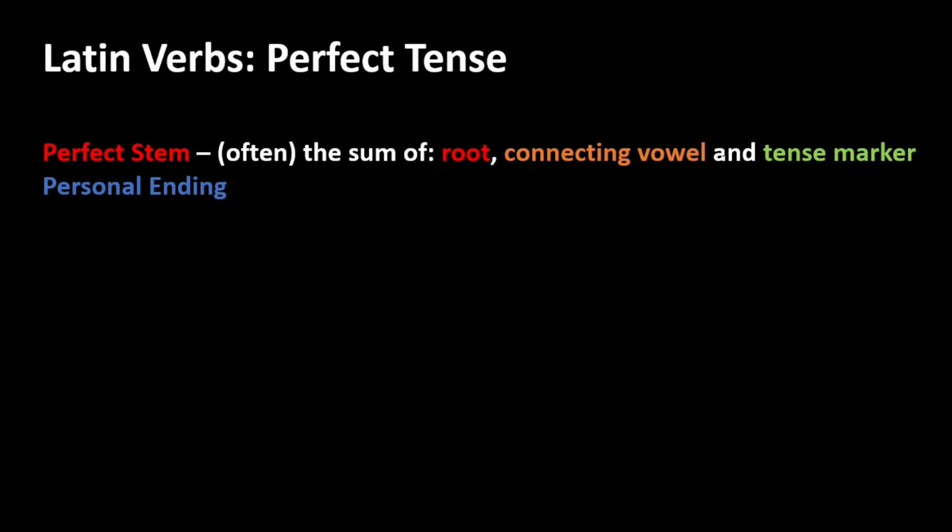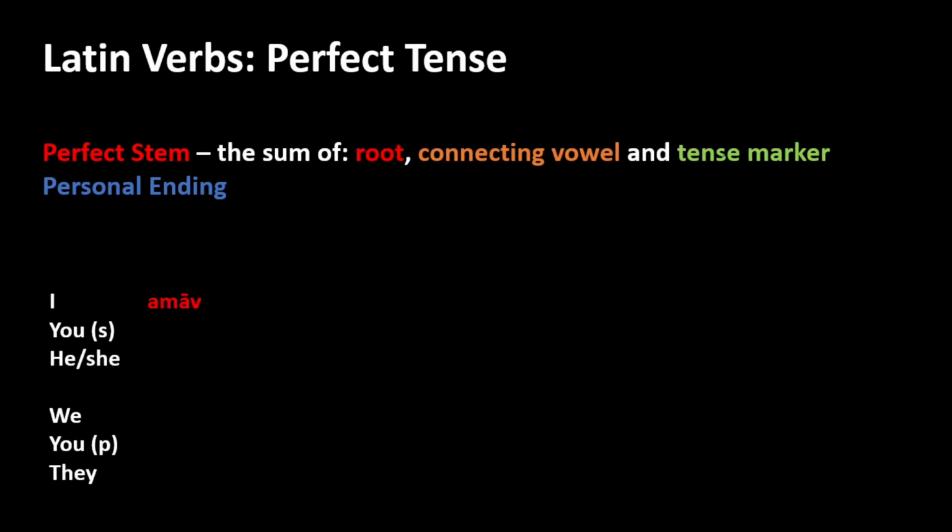Let us see how the perfect tense is put together in the largest class of Latin verbs. And I go back to amavisti, so let us see how the perfect tense is formed with the verb amo. There is the usual order of persons, and here is the usual order plus the perfect stem, to which we add the endings: amavi, I loved or I have loved.